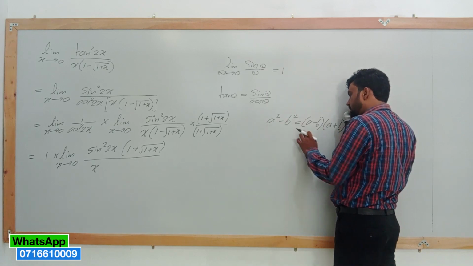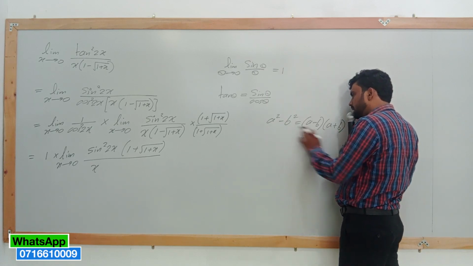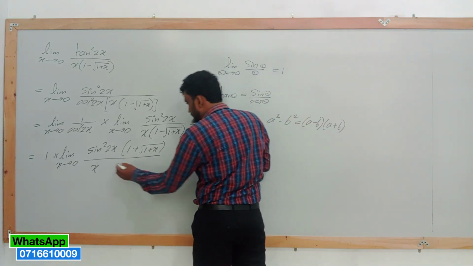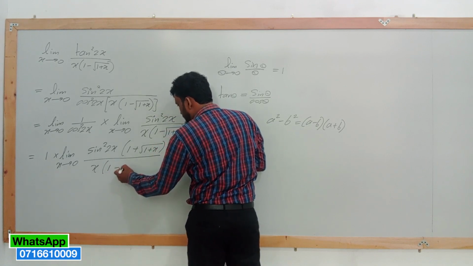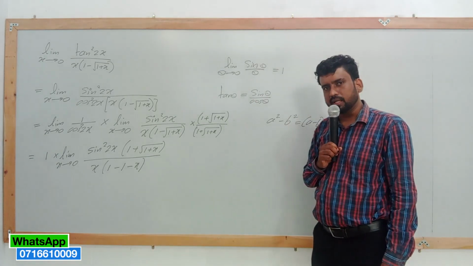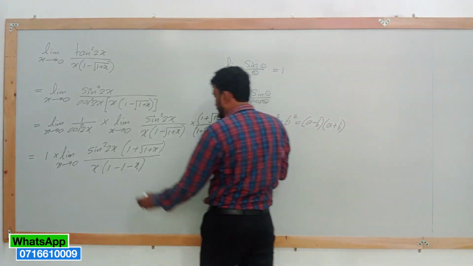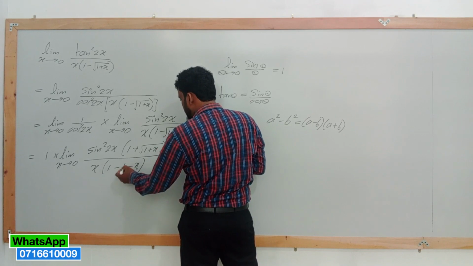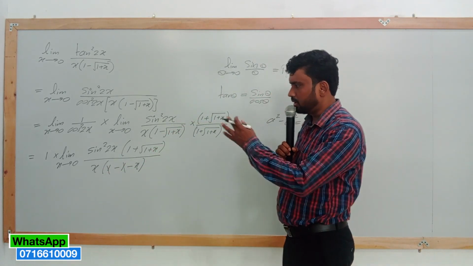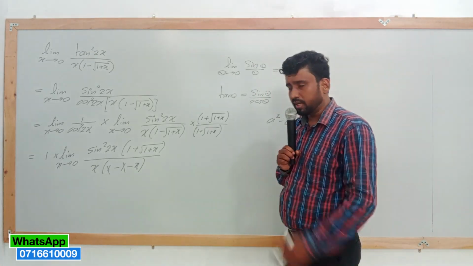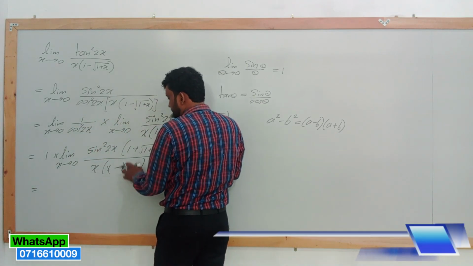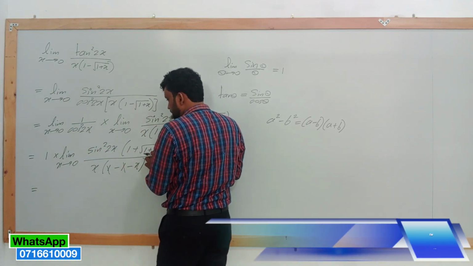Now we can write a square minus b square: 1 square minus root 1 plus x square, which is 1 minus 1 minus x, right? Now you can cut both 1s and separate them.